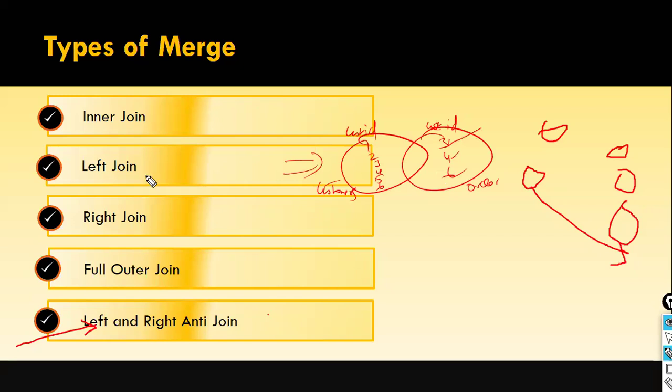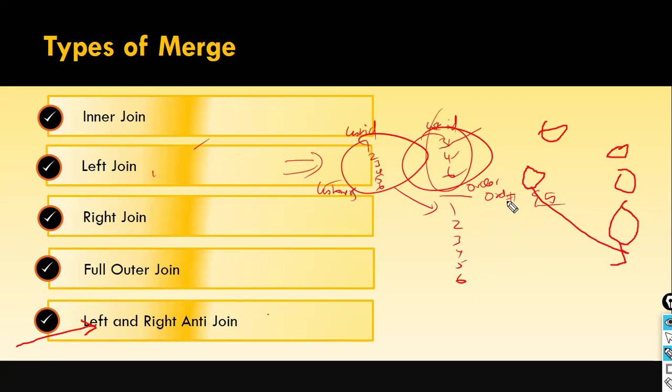In that case, you can use left join, right? So what will happen? 1, 2, 3, 4, 5, 6. All the customers' names will come in this table along with the customer ID. Only 3, 4, 6 ordered. You have the order number and then quantity.